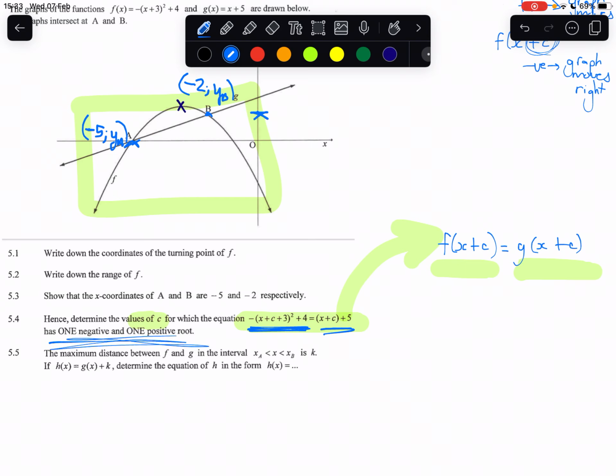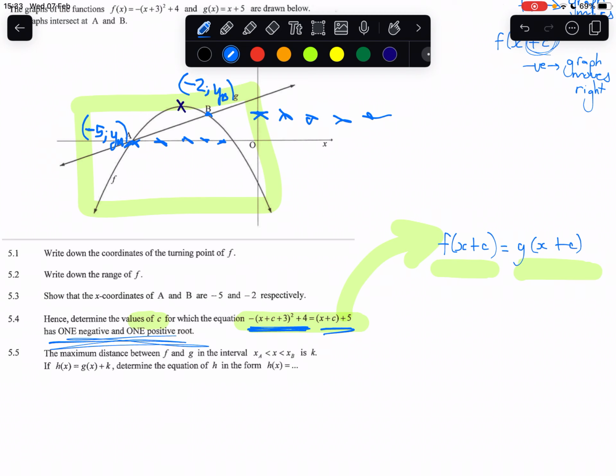We want one of them to have a negative x coordinate and the other one to have a positive x coordinate. So if we move the setup by anything more than 2 units to the right, then B is going to start showing up over here, and A is going to hop along over here, right?